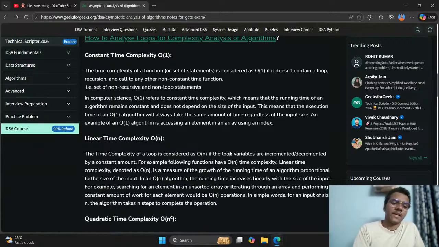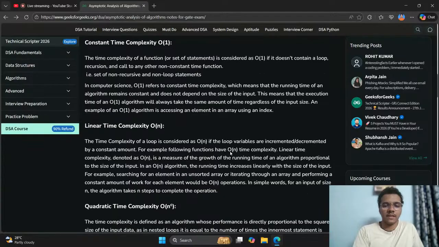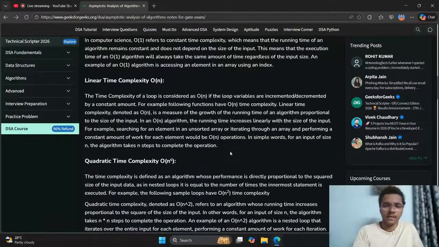In computer science, O of 1 refers to constant time complexity, which means that the running time of an algorithm remains constant and does not depend on the size of the input. This means that the execution time of an O of 1 algorithm will always take the same amount of time regardless of the input size. An example of an O of 1 algorithm is accessing an element in an array using an index.